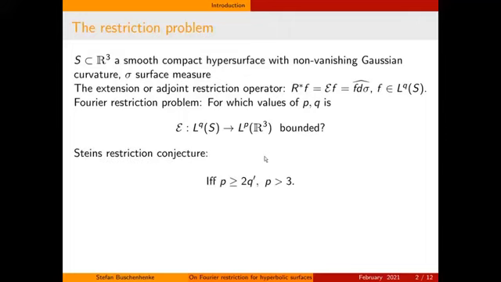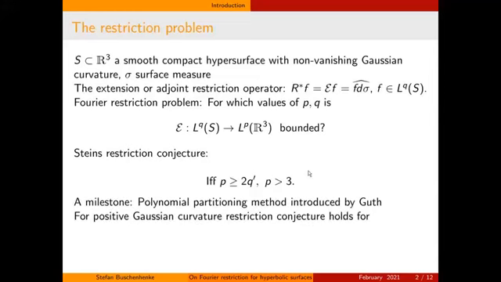He conjectured that this holds true if and only if P is bigger or equal to 2Q prime and P is bigger than 3. Of course, in 20 minutes, I cannot tell you all the results and progress in this area. So I just want to mention a milestone from my point of view. This is the recent polynomial partitioning method, which was introduced by Larry Guth.